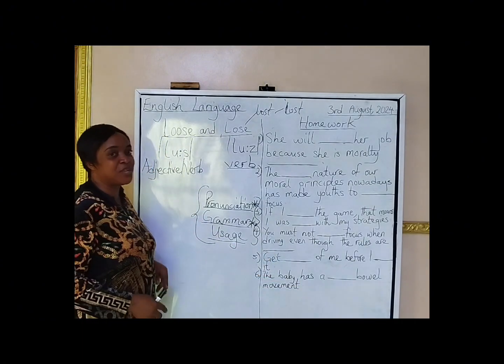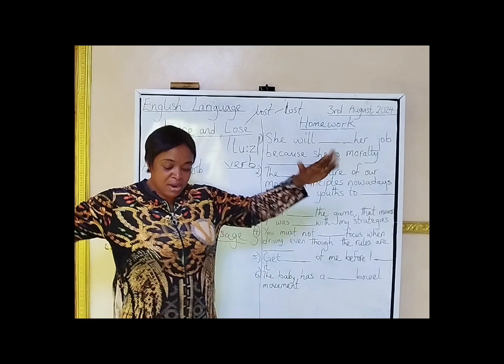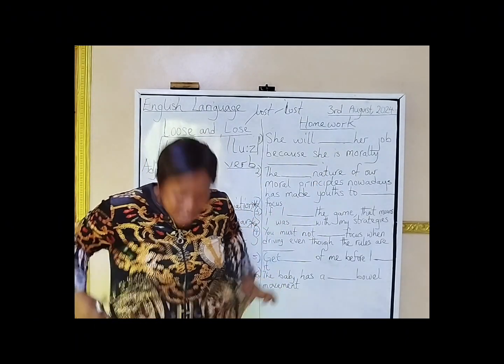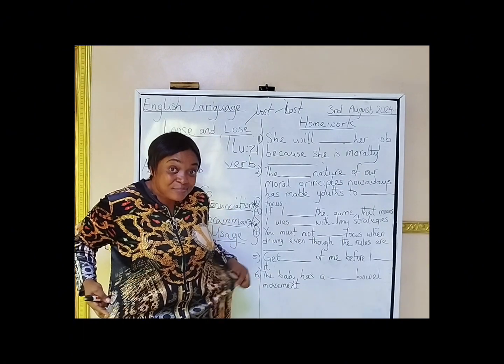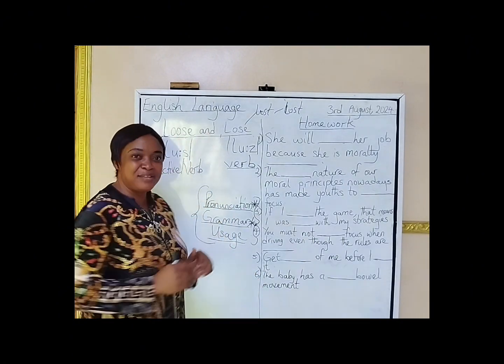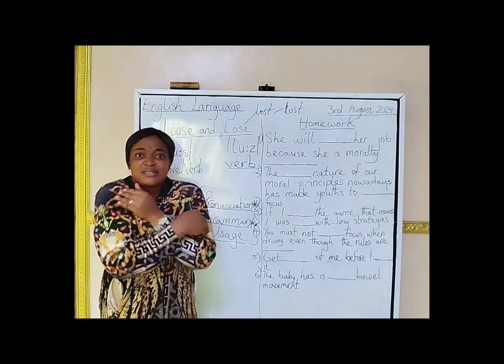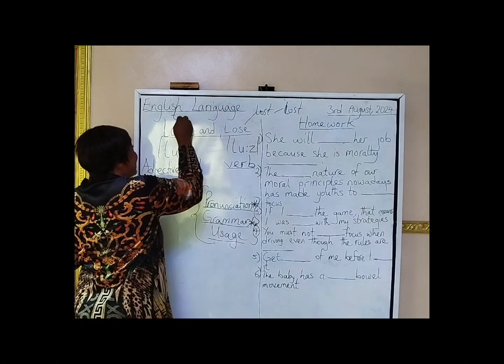Okay, when we say something is loose, if you look at me, you'll see that I came prepared with my big gown. Woo! What does that mean? When you say loose, it means that it is not firmly fixed. It is not tight. Therefore, we can say that the opposite of loose is tight.